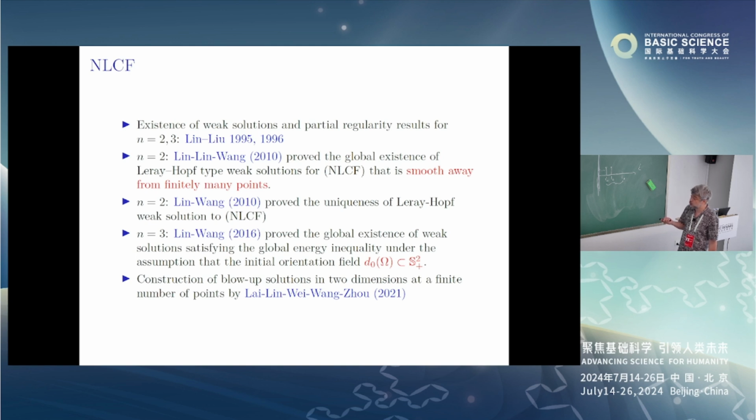And in dimension 2, Lin and Liu and Lin and Wang developed the partial regularity. In dimension 3, the situation is much harder. Actually, there is no equivalent in dimension 3 of the Caffarelli-Kohn-Nirenberg criterion for this model. The problem in dimension 3 is very hard.